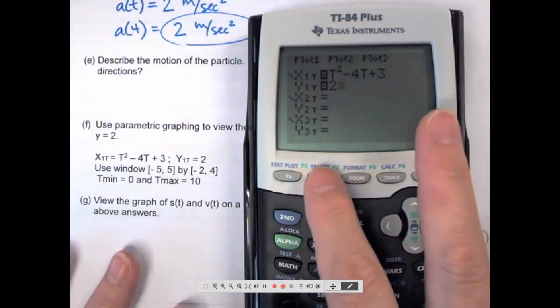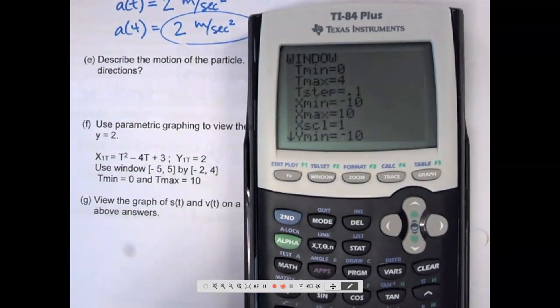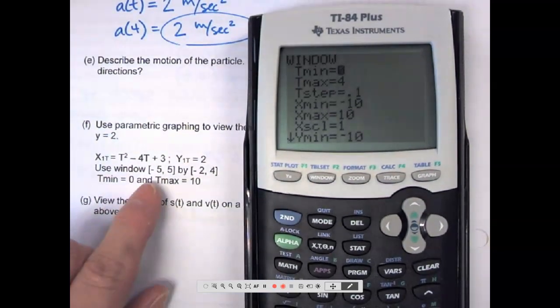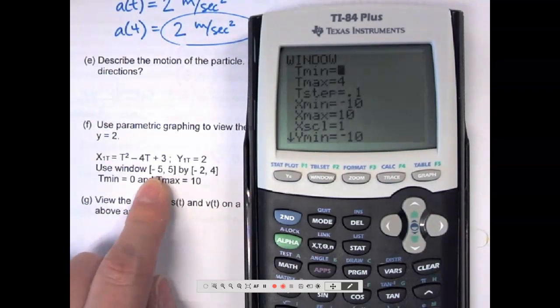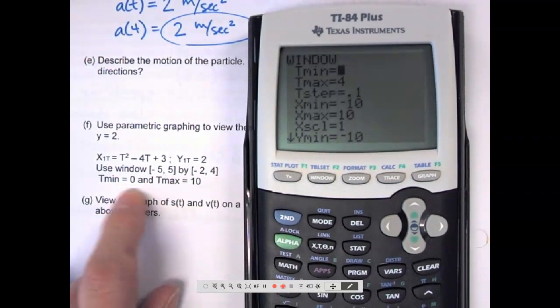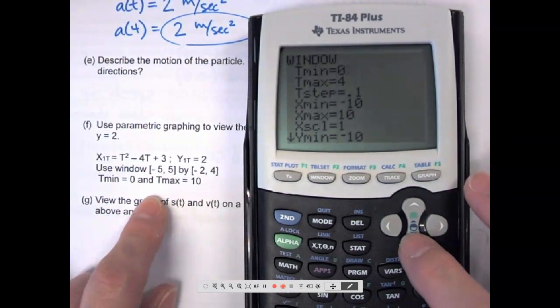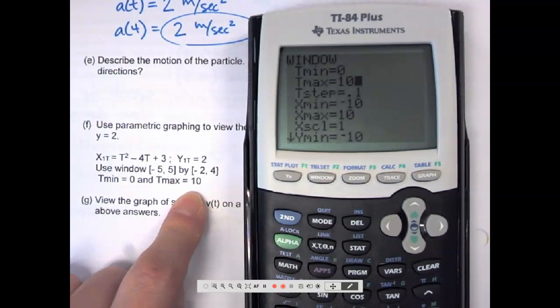Okay, now we're going to go to our window. Okay, so t min and max, t is time, right? So we're going to use a minimum t value of 0 right here on the bottom line of what I have typed in here, time 0 to time 10. Okay, so what would be a good step? Maybe 1.